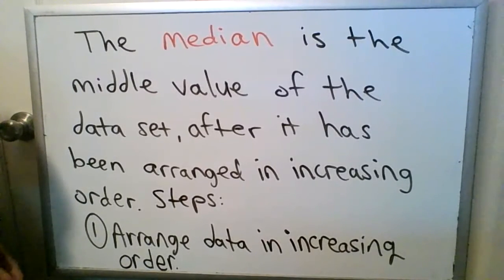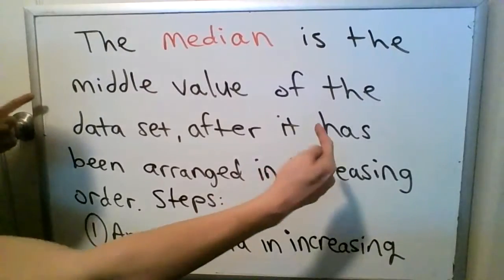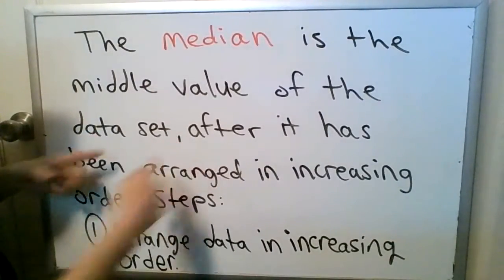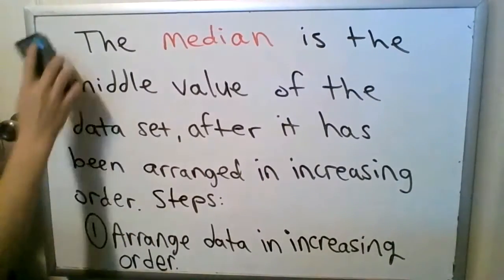So in step 2, we're going to go to the middle, but 2 things can happen.